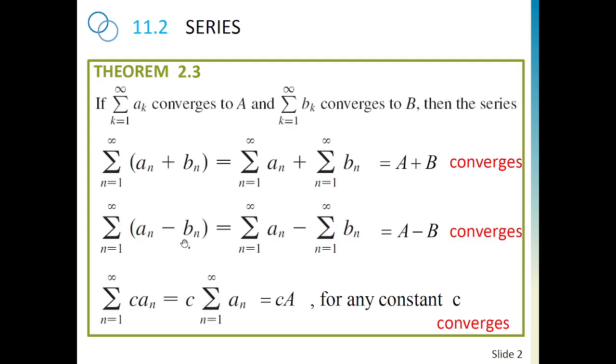And also if we subtract two series that are convergent, both of them, then the result is also a convergent series, and the sum is A minus B.